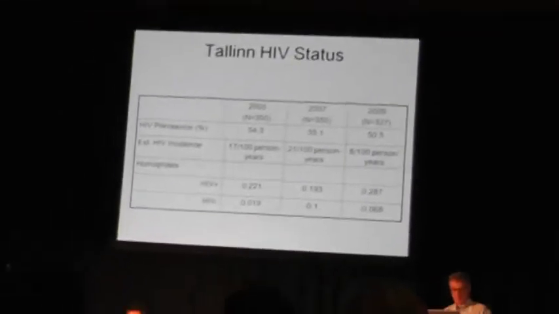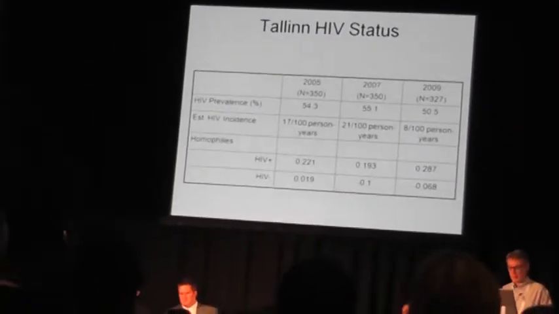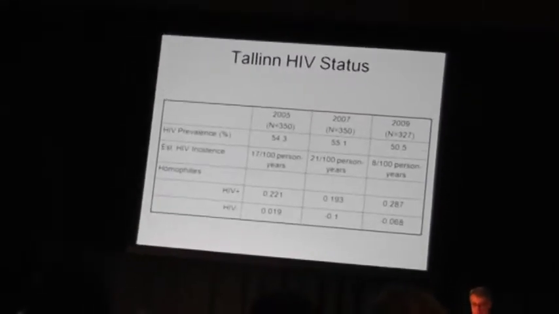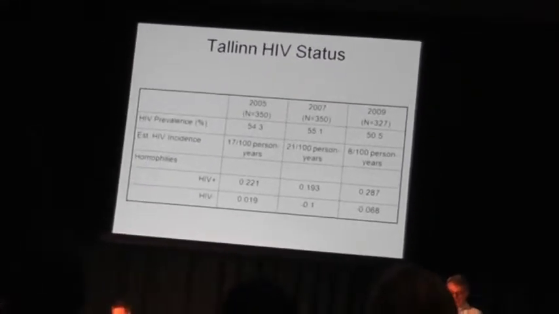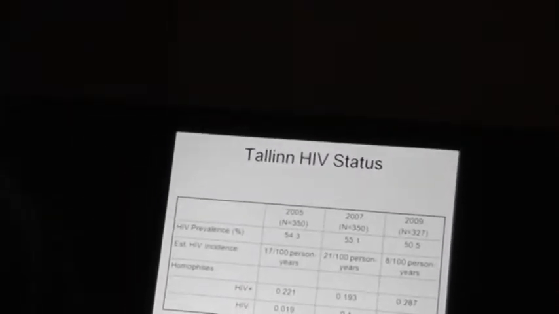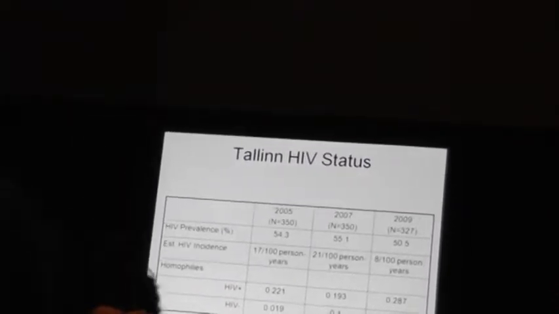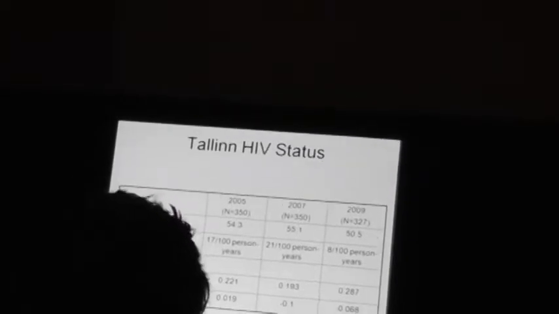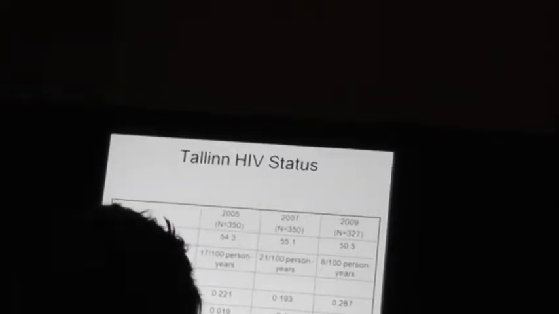With respect to the Tallinn studies and homophilies for HIV status, note that the prevalence was approximately 50% across 3 surveys. The estimated incidence was high in the first 2 surveys and fell in the third survey. The homophily for HIV positives recruiting other HIV positives was positive but relatively low.